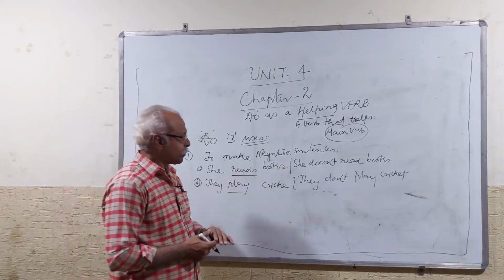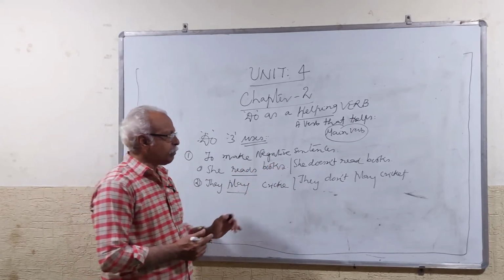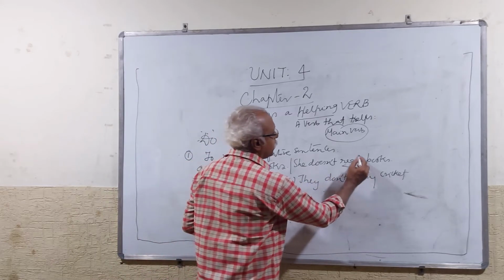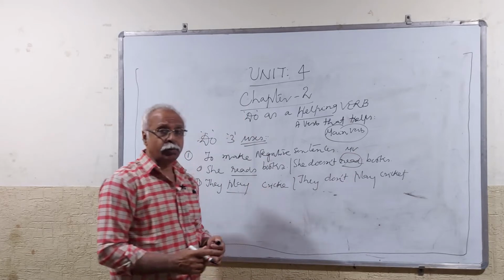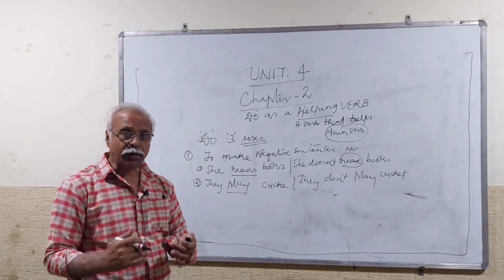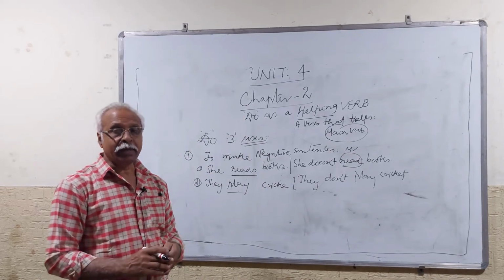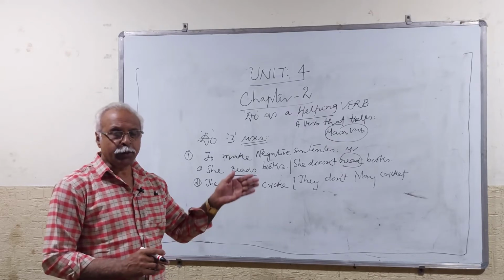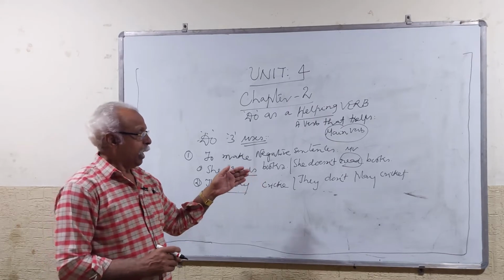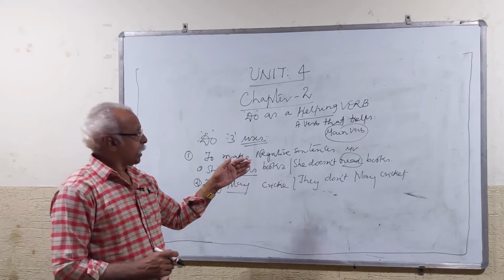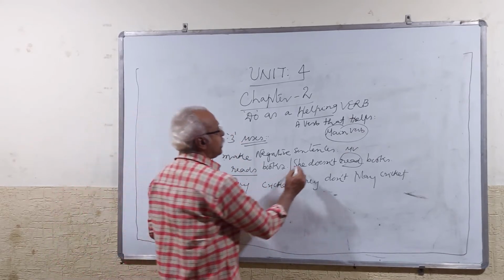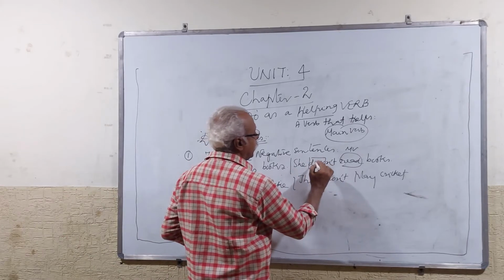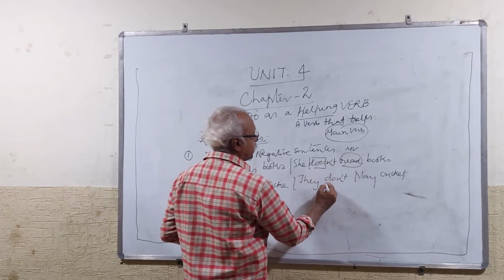Next here, in order to make a negative, read is there. This is main verb. She reads not books or she not read books cannot make negatives. There you have to take the help of a helping verb. Here, do. This is the verb here, does. Does plus read. It's do plus play.